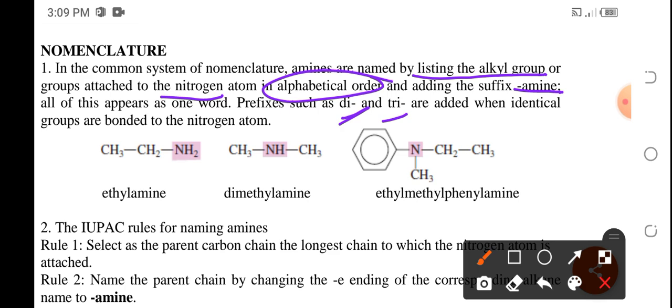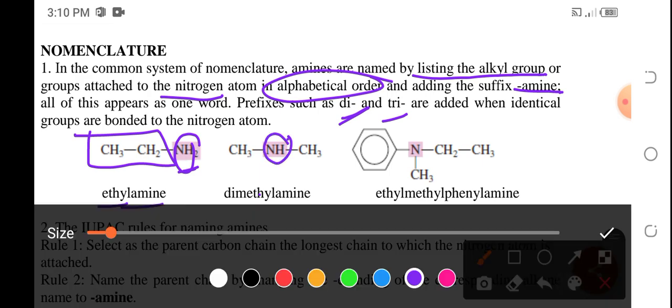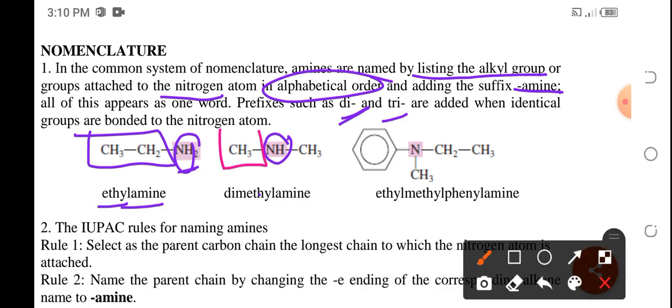So for example, this is the nitrogen or the amino group, which is the functional group for amines, and the series of carbon atoms attached to it is an ethyl, so therefore this is ethylamine. Okay, and then this is another type of amine. However, this time there are two identical alkyl groups attached to it, so we are going to use the prefix di and the name of the alkyl, which is methyl, so that is dimethylamine.